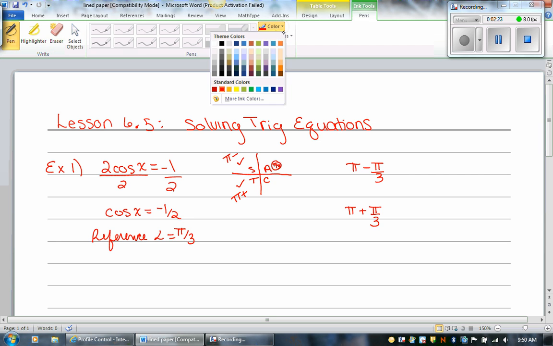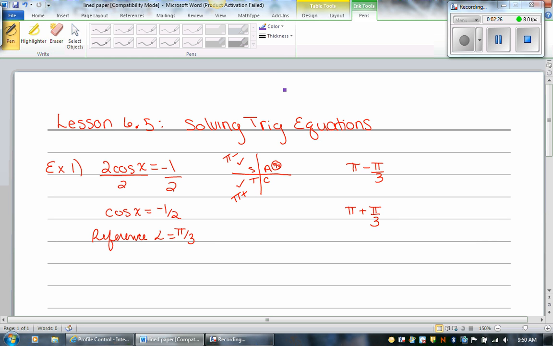We need common denominators, which we've gotten very quick and easy at. So this becomes 2 pi/3, which is in my second quadrant, and 4 pi/3, which is in my third quadrant. Now there are just 2 points on the unit circle from 0 to 2 pi.